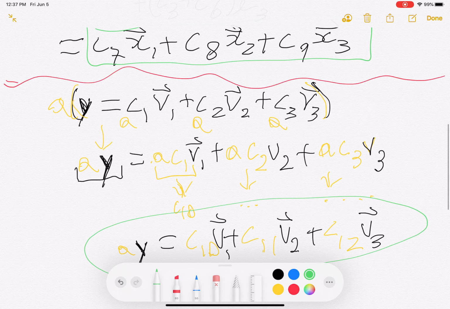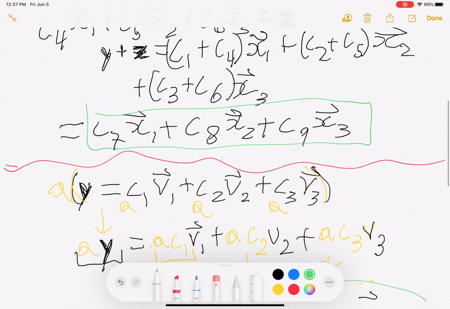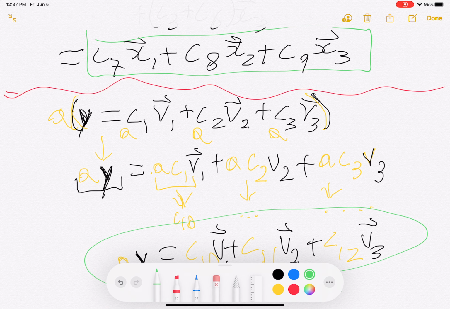v1. I'm very sorry, I switched to v instead of x, didn't I? I'm really used to using v as our vector, because that's intuitive. Let me just fix that real quick.